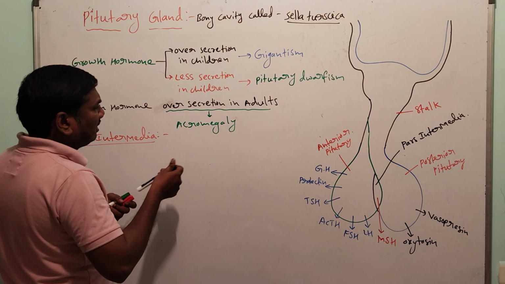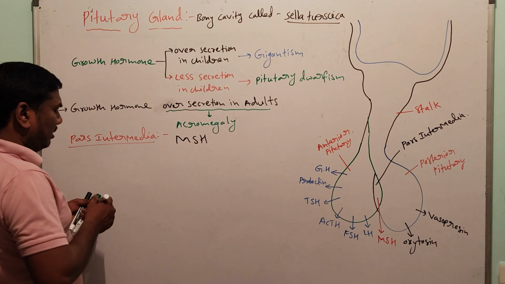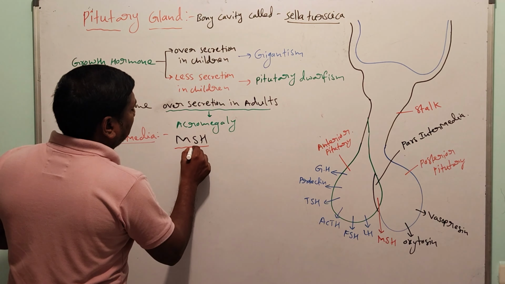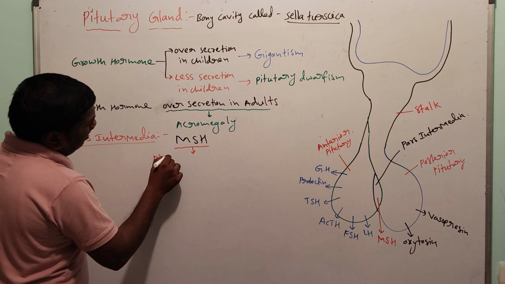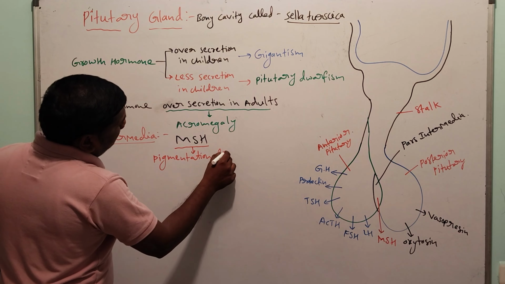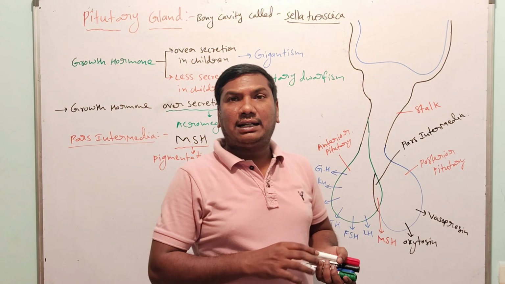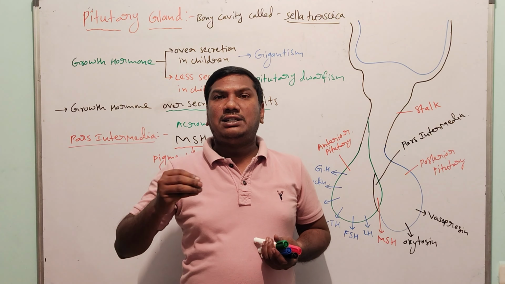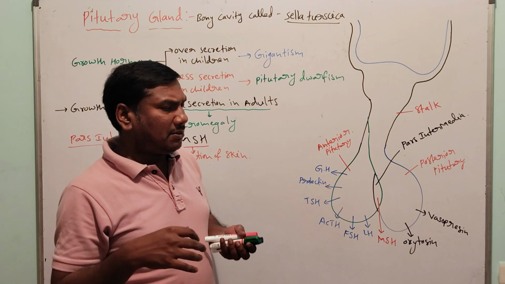The function of MSH is the pigmentation of skin. Melanocyte stimulating hormone acts on melanocytes, so it helps in the pigmentation of skin.